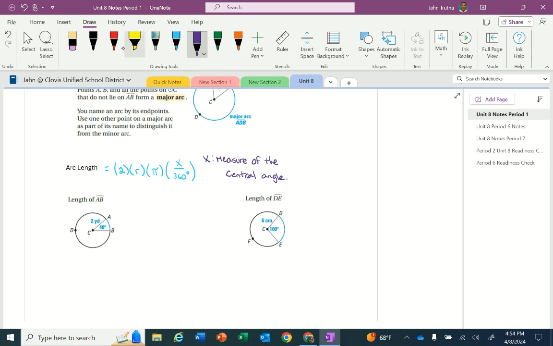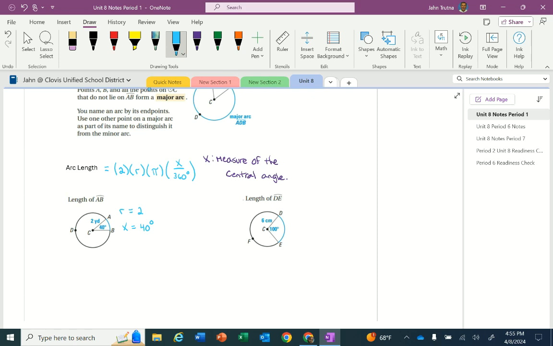As you could see in this problem, where we're going to find the length of arc AB, the radius is equal to 2, and x, which is my central angle, is equal to 40 degrees. Remember, central angle is the angle that's in the center of the circle. It's created by 2 radii.